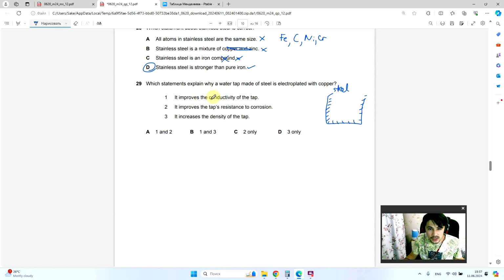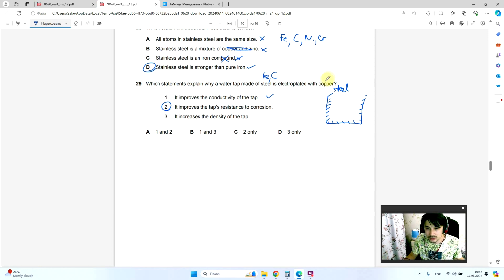So it improves the conductivity of the tap. Maybe it improves the tap's resistance to corrosion. Definitely. So stainless steel, well, it's not a stainless steel, so it contains iron and carbon only. And if you remember, iron can rust. So you need to improve the resistivity.